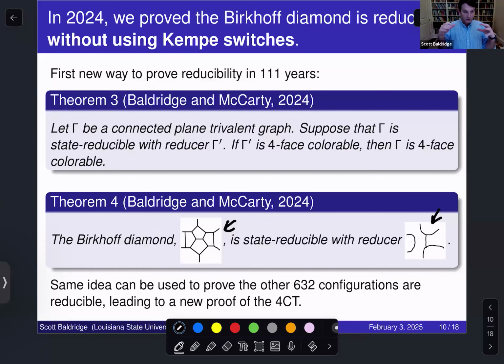And that surface has a 3-face coloring, not a 4-face coloring, a 3-face coloring. You're only using 3 colors. And using that 3-face coloring on that surface, I can now produce a 4-face coloring on some surface on the Birkhoff diamond, the one with the original Birkhoff diamond. So that's what I mean by state reducible here.